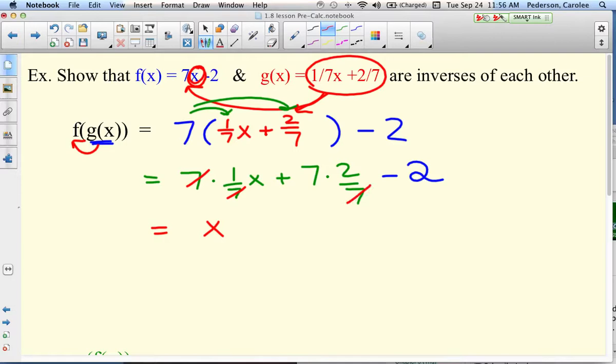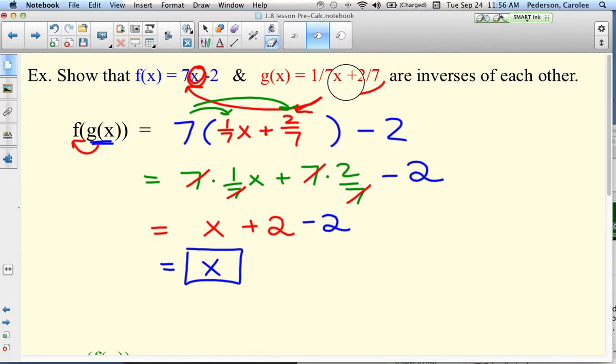In the next term, the 7's cancel, so you have a 2, and then you have that minus 2 at the end. 2 minus 2 becomes 0, so you're left with x. And this is what you wanted to have happen. You wanted that x to be left.